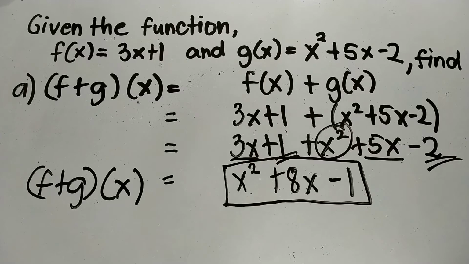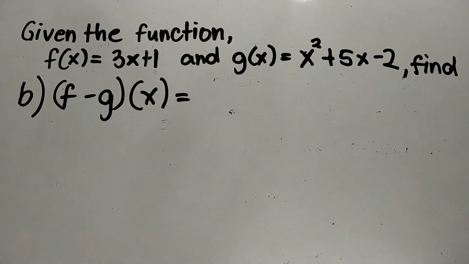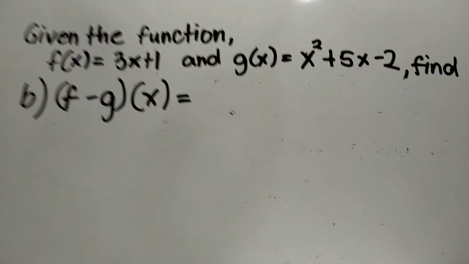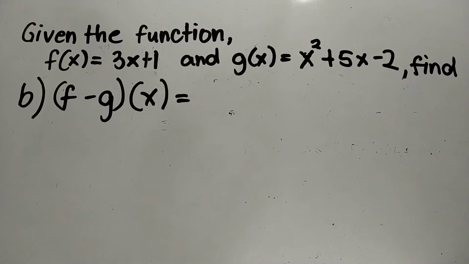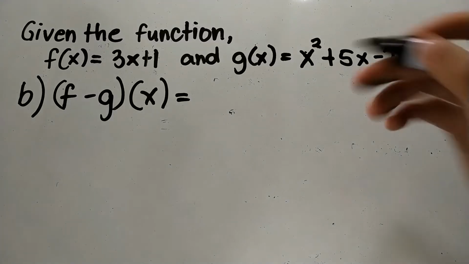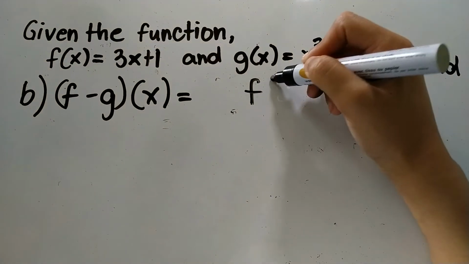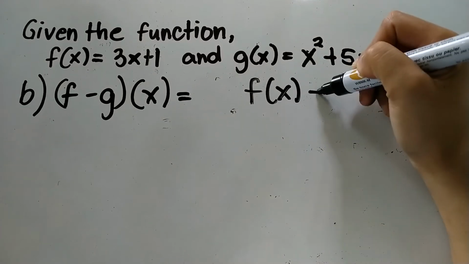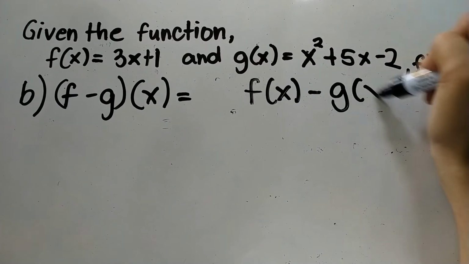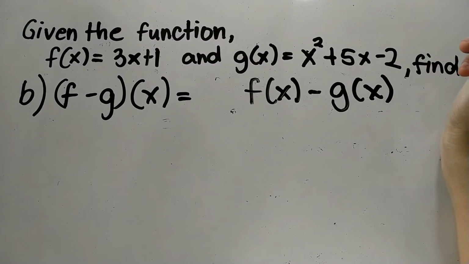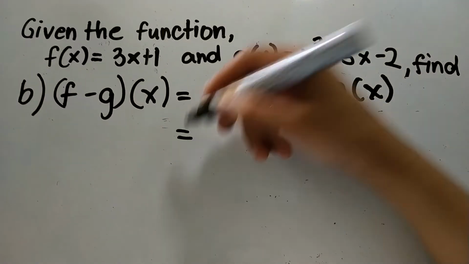So, let's have another example. Again, given this function, f of x is equal to 3x plus 1 and g of x is equal to x squared plus 5x minus 2, we will look for the difference of the two functions, f minus g of x. So, this means that we will subtract, f of x minus g of x.